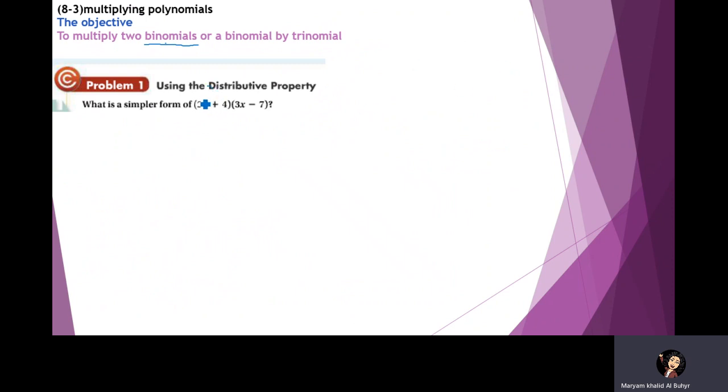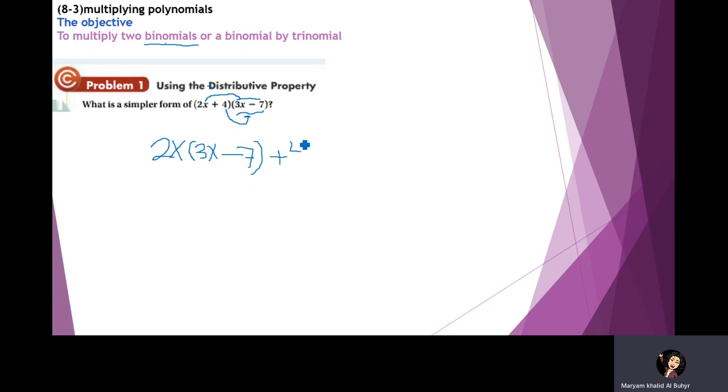So if you are trying to use the distributive property, you are going to distribute this one for all things that you have here, and you are going to distribute this one for all things that you have here. What do you mean, miss, by all this story? I mean 2x, open parenthesis, 3x minus 7. Okay, what is the sign here?